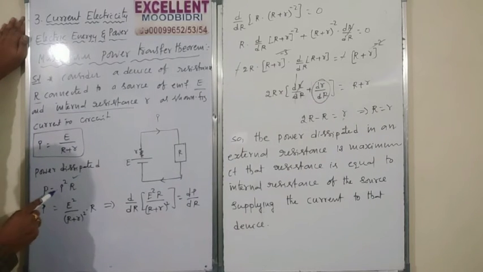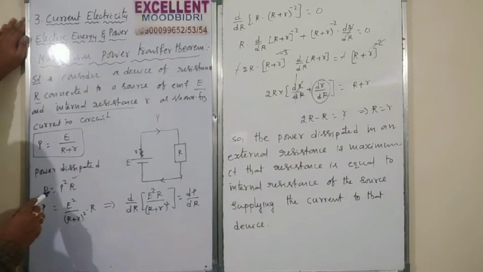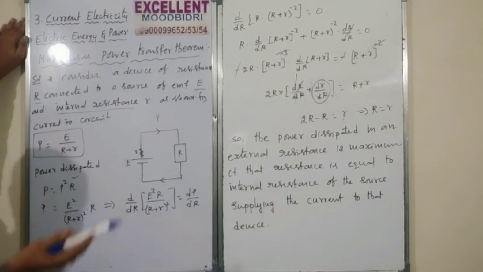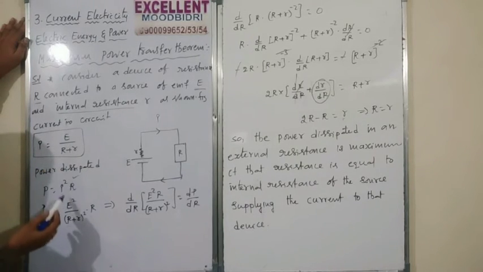Remember this one. In a series combination, power is dissipated; in a parallel combination, power is consumed, P is equal to V square by R. In the series combination the formula is P is equal to I square into R. So P is equal to E square by R plus r whole square into R.